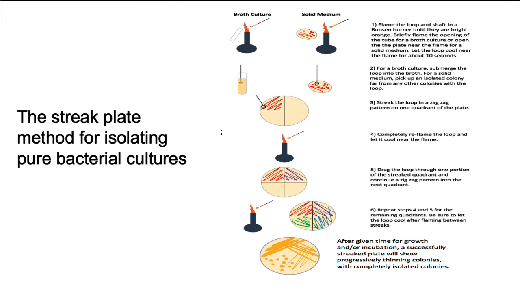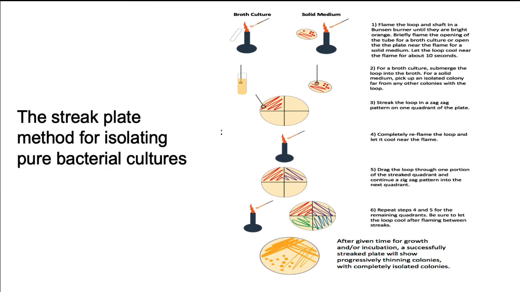Okay, so here is a diagram, and I do recommend that you go and watch the videos. How is this done in real life? You can start from broth or a solid medium. You flame or heat up your loop. You wait until it cools down, and then you take a little bit, either from the solid or the broth culture, and you streak on a quadrant.